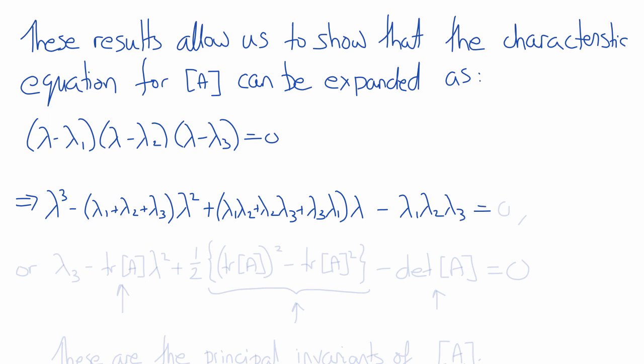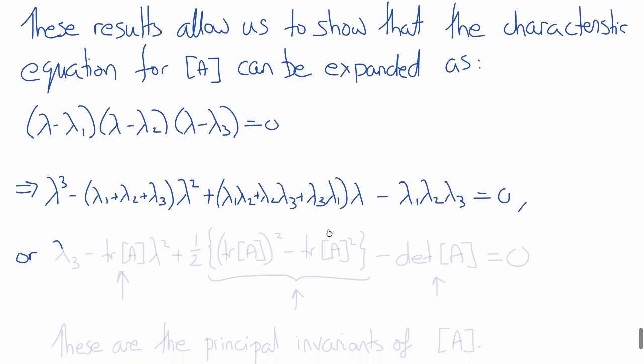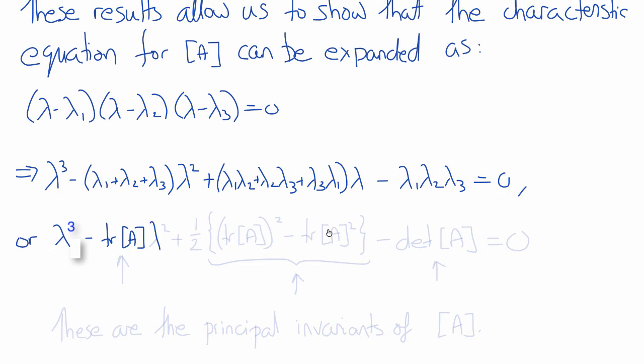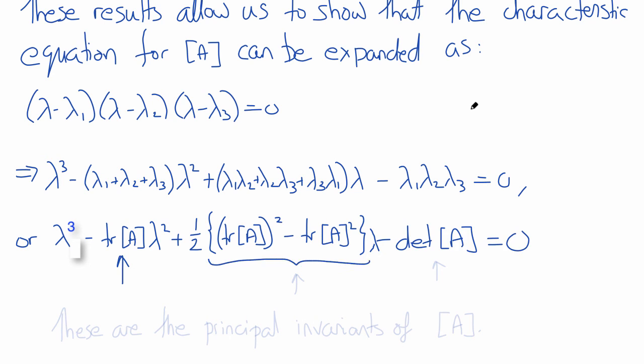And if we look at this a little more closely, we see that the coefficients of lambda squared, lambda, and the constant will be trace A, one half of trace of A all squared minus the trace of A squared, and minus the determinant of A. So these are called the principal invariants of A.